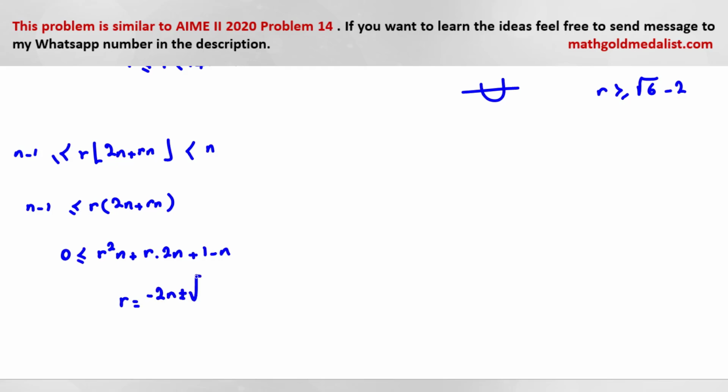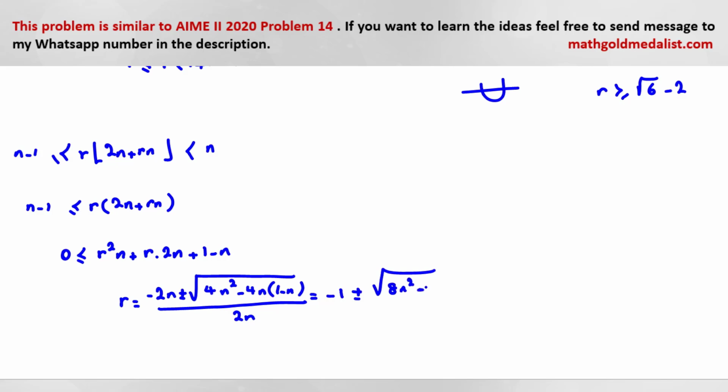Negative 2n plus or minus the square root of 4n squared plus 4n squared times this, over 2n, right? Negative 1 plus or minus the square root of 8n squared minus 4n over 2n, right?